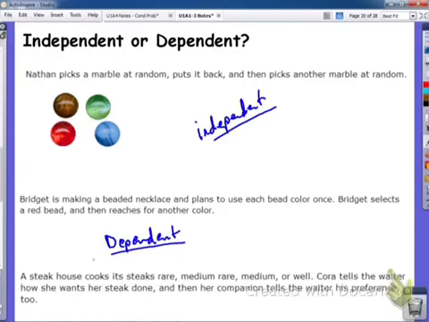Does his preference in how the steak is cooked depend on her preference? No, it doesn't. I like my steak medium rare, and I don't care what you like. I like my steak the way I like it. So this is independent.